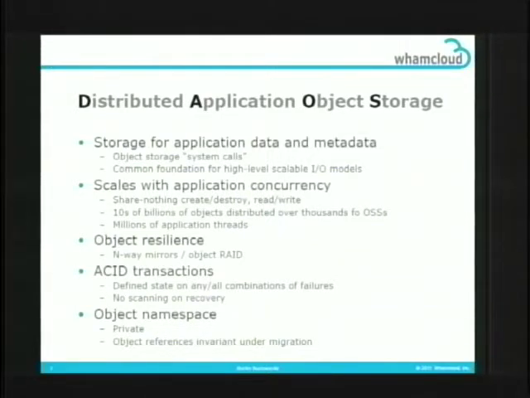It is object, so like I said, Lustre is object storage underneath. So this is creating a system call interface essentially to this distributed object storage. You would probably see middleware using this to manage schemas for individual applications.